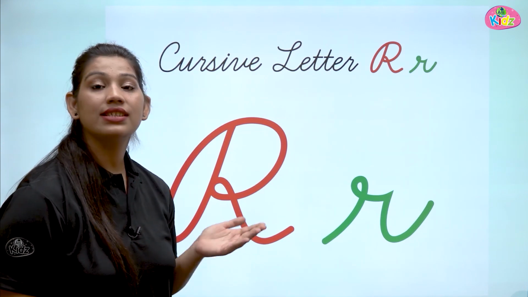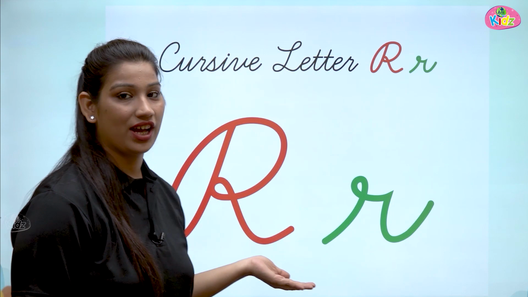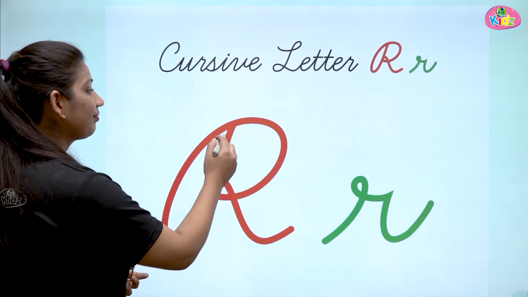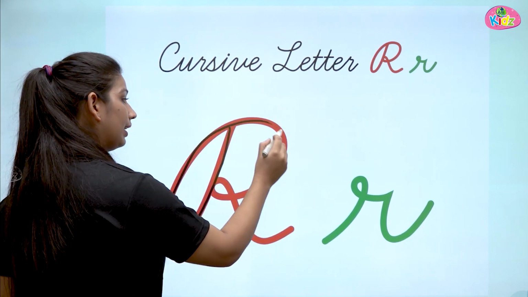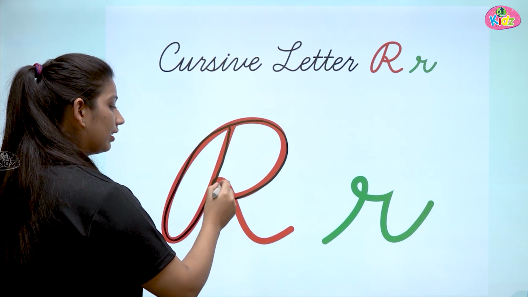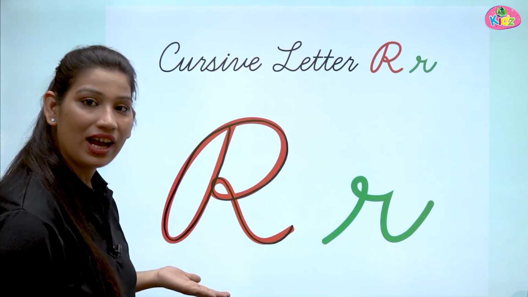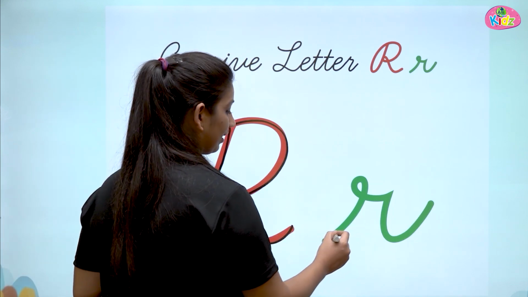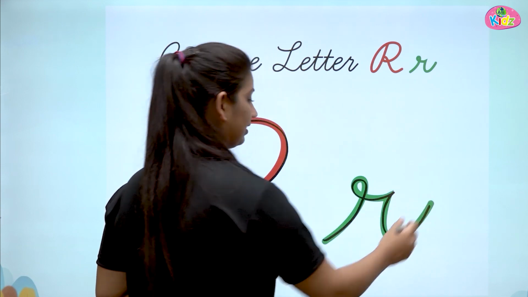First, see, this is capital cursive R. This is small cursive R. Make a curve like this, go up, make a round, go down like this. Capital cursive R, small cursive R. Make a curve like this.